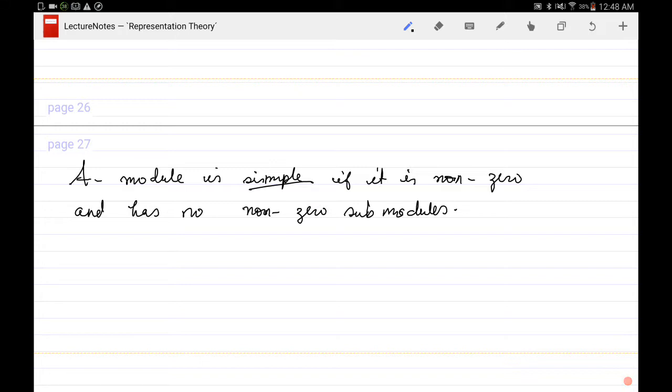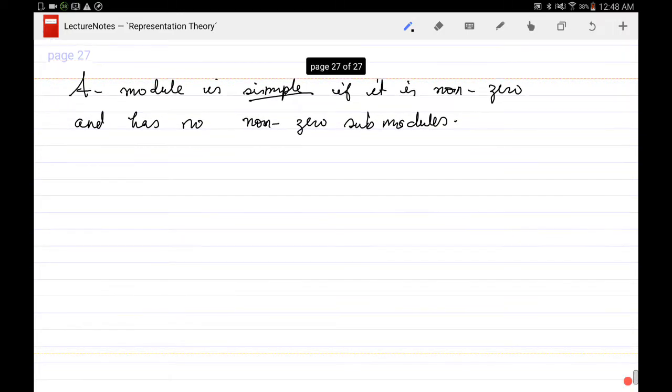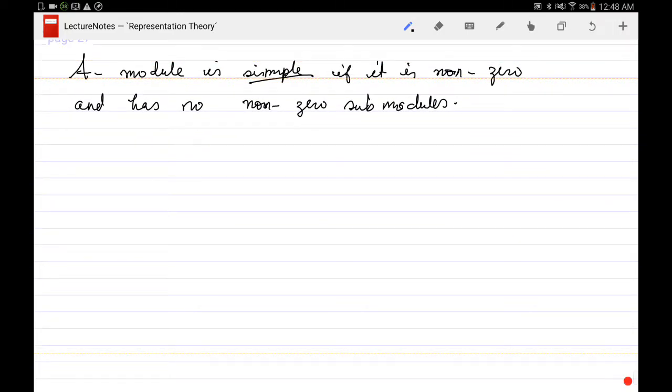So you should be seeing the connection between modules and representations slowly emerge. For representations, we had representation homomorphisms. So obviously we must have an analog of that, which will be a module homomorphism.